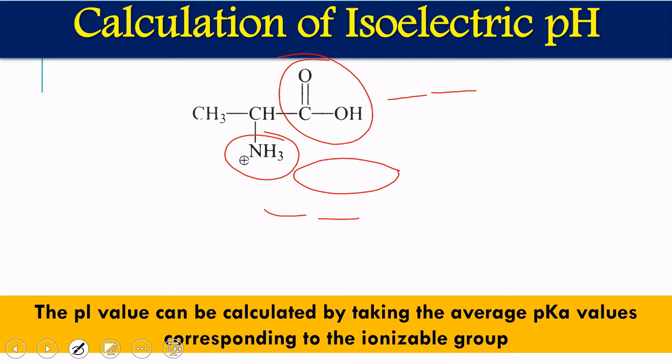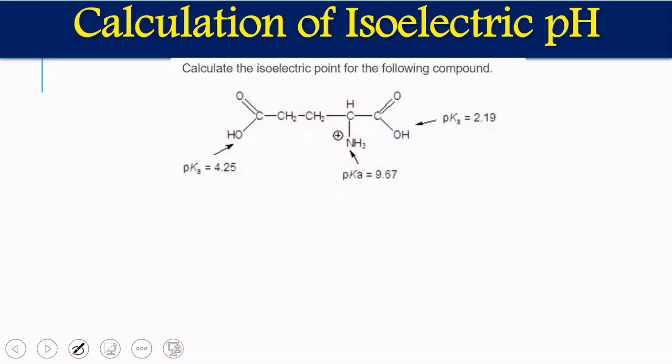But think of an amino acid which has more than two ionizable groups, three, four or five. Like this one: one ionizable group has a pK value of 2.19. pK is the dissociation constant at which the group dissociates.